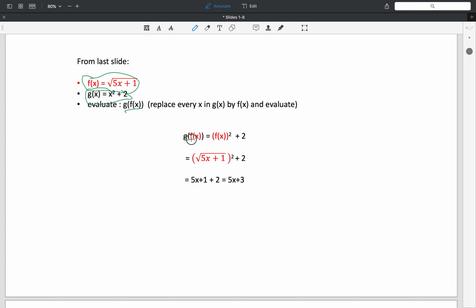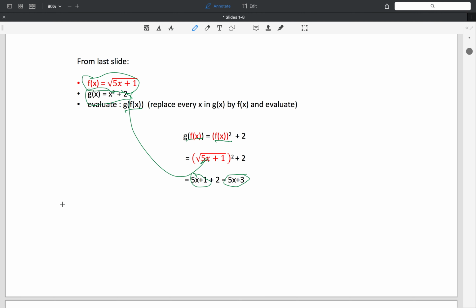So here we go. g of f of x. Well, that means replace this x squared by f of x squared, which I do here, add 2. I have to go back and see what f of x is. That's what f of x is, and I don't want to forget to square it. And I add 2. When I square it, I get rid of the square root, and I get 5x plus 1 plus 2, and that simplifies to 5x plus 3.